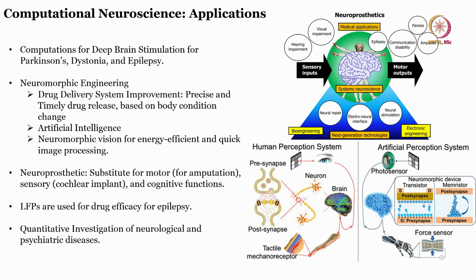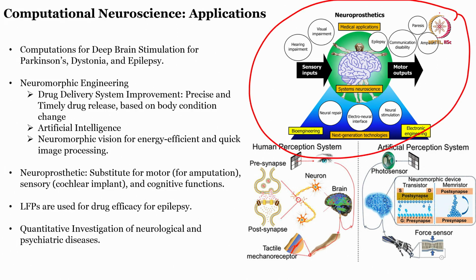Now, when you talk about the applications, what are the computational neuroscience applications? Applications are many. Neuroprosthetics is one of the very important areas, where we can understand the sensory inputs, that is visual impairment or hearing impairment, and then the motor outputs, which can be epilepsy, communication disability, or amputee.